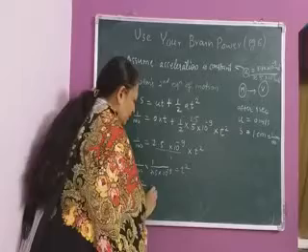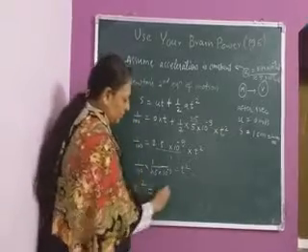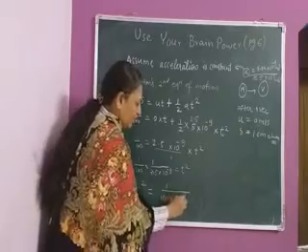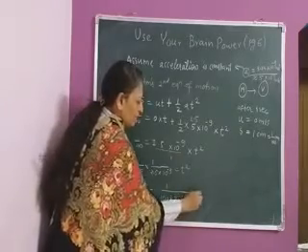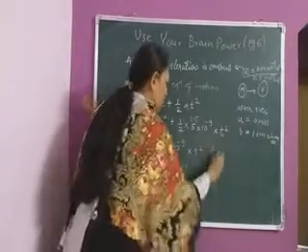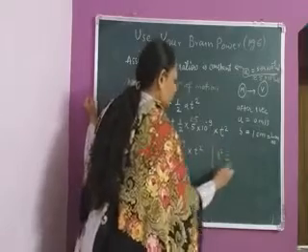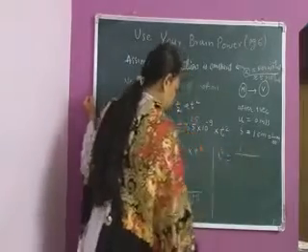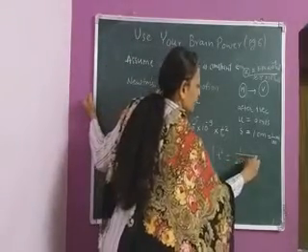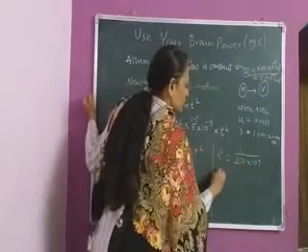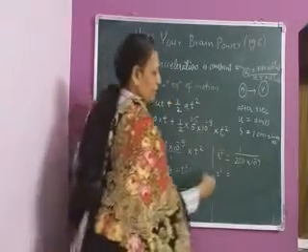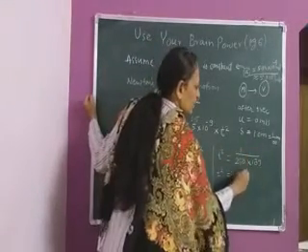T square is equal to, this in the denominator, 1 upon 100 into 2.5 into 10 to the power negative 9. Into this 100 it will become T square is equal to 1 upon 2.5 into 100, 250 into 10 to the power negative 9.